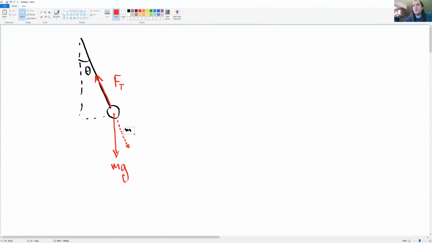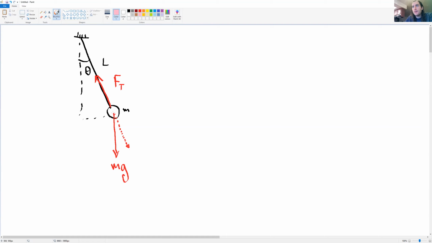Why? Well, this thing is not accelerating along the string, right? This thing is fixed with respect to the string. It's always, whatever the length of the string is, it's always that distance away from where the string is hanging, right? So the component of mg that's in the same direction as the tension perfectly cancels out with the tension.